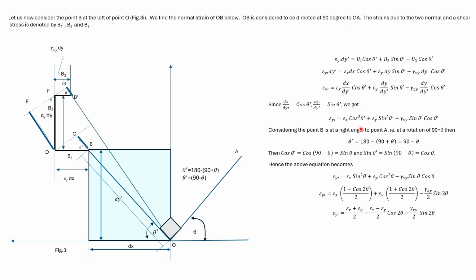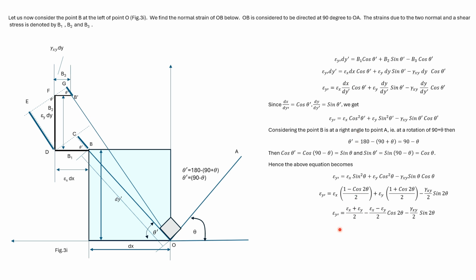And cos square theta dash becomes sin square theta, and vice versa. We write this expression in terms of trigonometric functions of 2 theta. So we get epsilon y dash is equal to epsilon x plus epsilon y divided by 2 minus epsilon x minus epsilon y divided by 2 cos 2 theta minus gamma xy divided by 2 sin 2 theta.